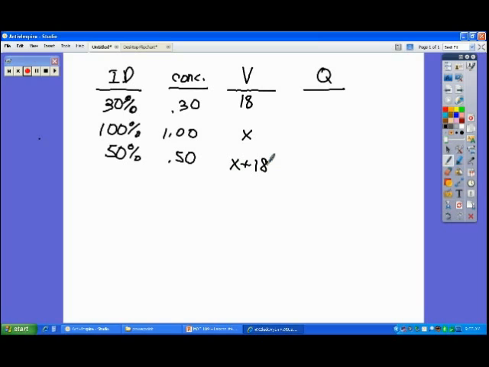Okay? We still got a whole blank column there. What do we do with that blank column? Multiply what times what? Okay, nice full table.